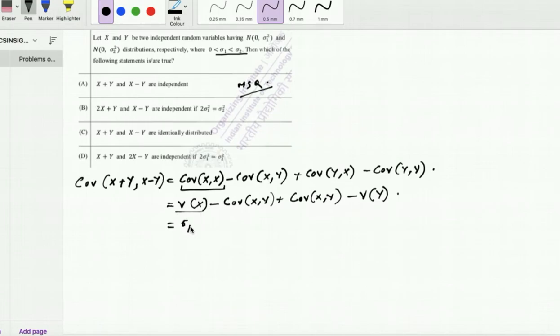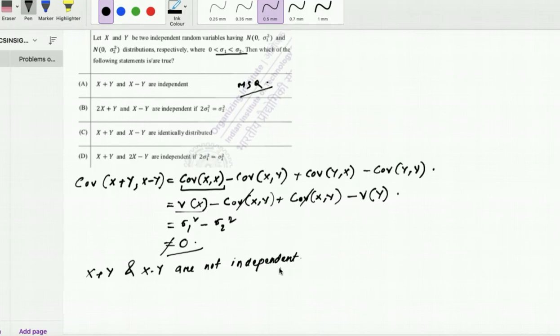It is sigma 1 square, and these two get cancelled out and remained only the variance of Y, sigma 2 square. See, this is not equal to 0, so X plus Y and X minus Y are not independent. So option A is wrong.